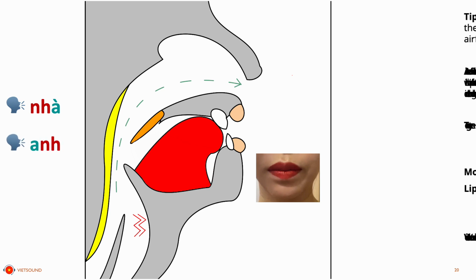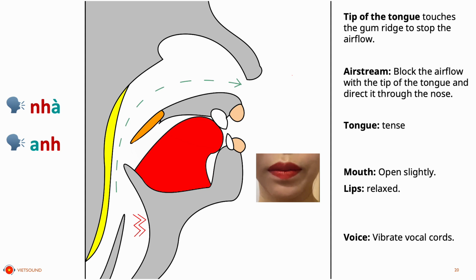Now let's see how to pronounce the ñ sound. First, the tip of your tongue touches the gum ridge to stop the airflow. The ñ sound is a nasal sound, so you have to block the airflow with the tip of the tongue and direct a stream of air through the nose. Your tongue must be tense. Now let's talk about the mouth shape.